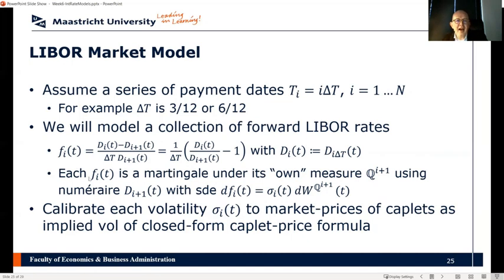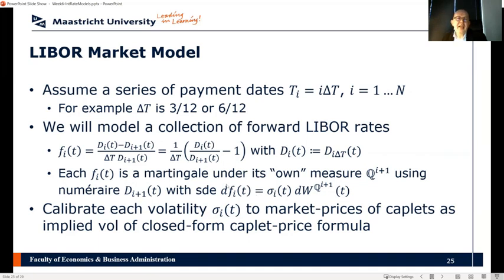And because each F_i is a martingale under its own probability measure, I can model each LIBOR rate as a martingale by specifying this volatility function sigma_i of t, and this can be log normal by saying it's sigma_i of t times F, or it can be Gaussian by taking a deterministic sigma_i of t, or you can do a CEV or a shifted log normal. Here, I will use a bit of a Gaussian type of notation, or sigma_i of t can also indicate a general stochastic process.